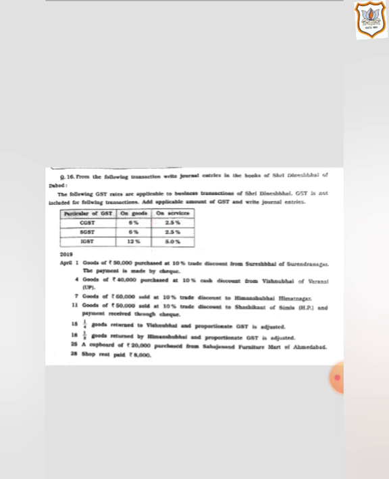On April 1, goods of rupees 50,000 were purchased at 10% trade discount from Suresh Bhai of Surendranagar. The payment is made by cheque. Here you can see that this is the case of an intra-state transaction, as both Surendranagar and Dahod are in Gujarat.